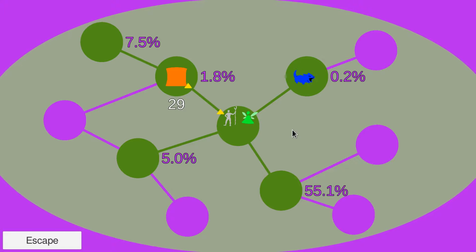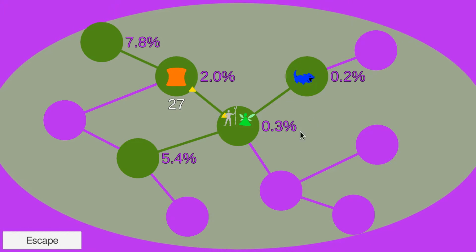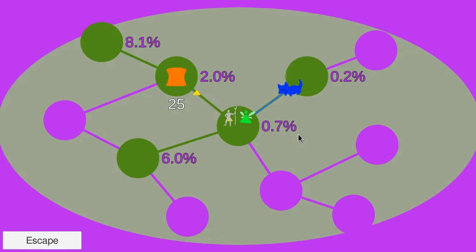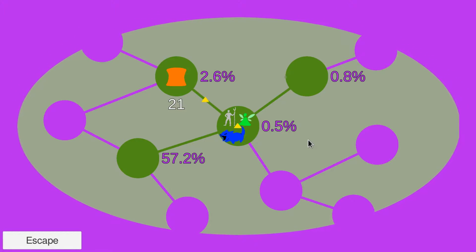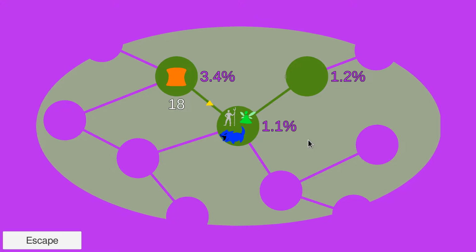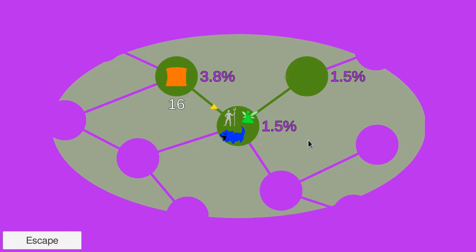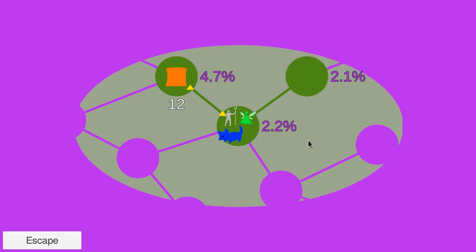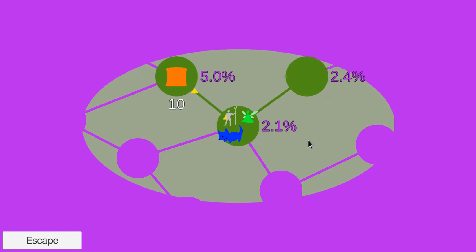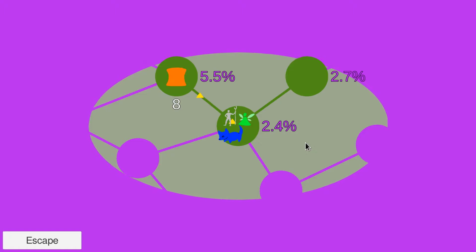There we go, now we just wait and hope that, well, that happened. That's not so cool. Of course, you really don't want the middle node to overflow. That would be bad. And then that's about it.